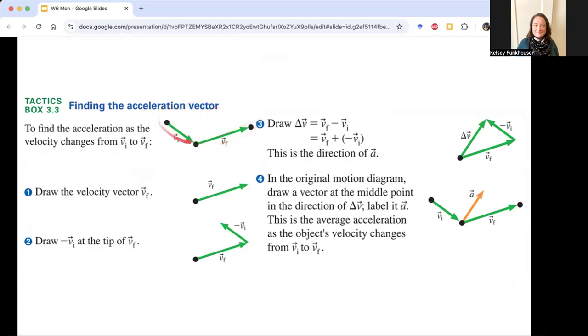So if we have here the initial velocity vector and the final velocity vector, change in means final minus initial. So we draw the final first, then we draw the initial at the tip of the final. And then we get a change in velocity by drawing from the tail of the final to the tip of the initial. Oh, and sorry, it's subtracted, so we're adding the negative. And so that change in velocity gives us the direction of the acceleration.